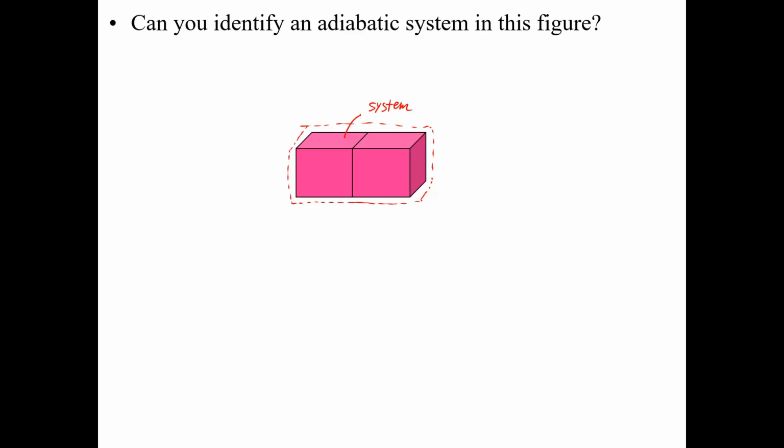Although there exists heat transfer between these two blocks, since I use both blocks as my system, such heat transfer is inside my system. It is not between my system and its surroundings. So in such a case, the system in fact is an adiabatic system.